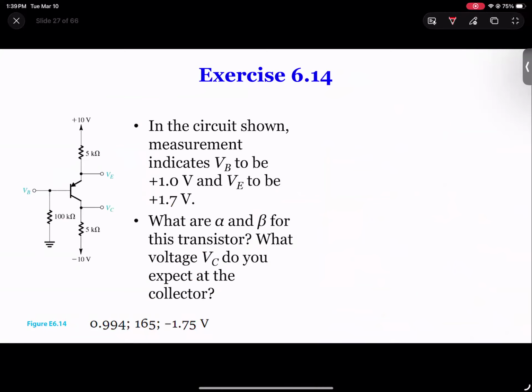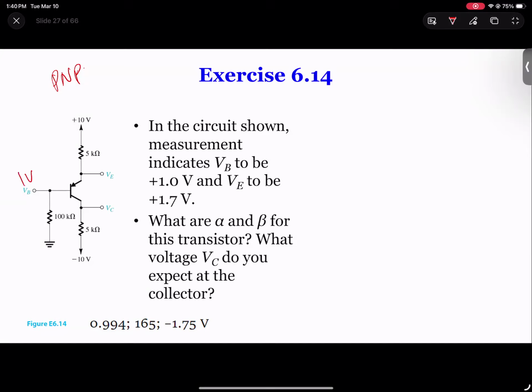This is a PNP. This is sort of to give you a flavor of what happens if it's a PNP, it's not an NPN. So now what it says is that the measurement is given.